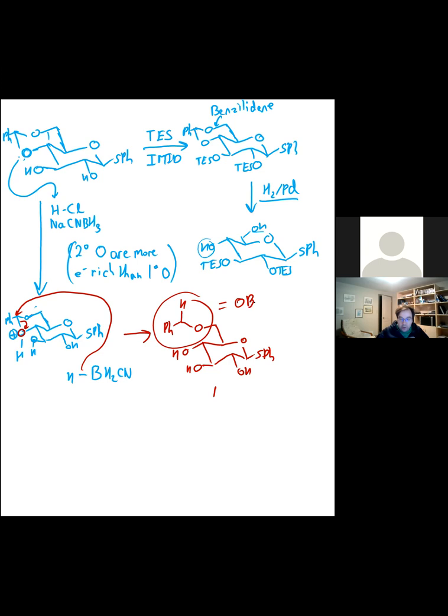So what we managed to do is we managed to cleave that bond so that the benzyl group falls onto C6, and we leave C4 as a free OH.